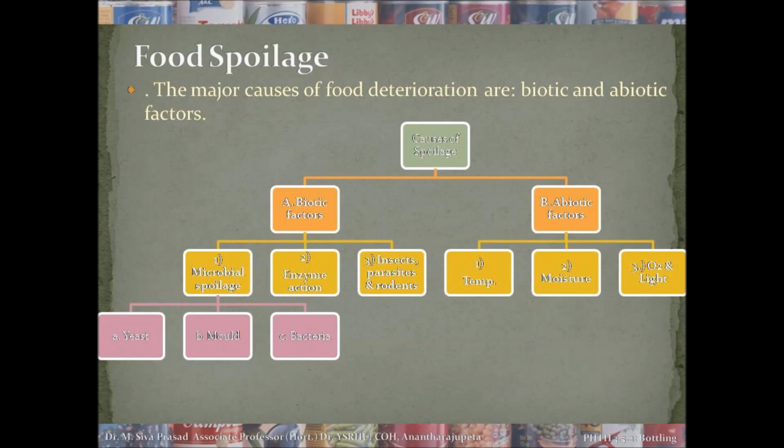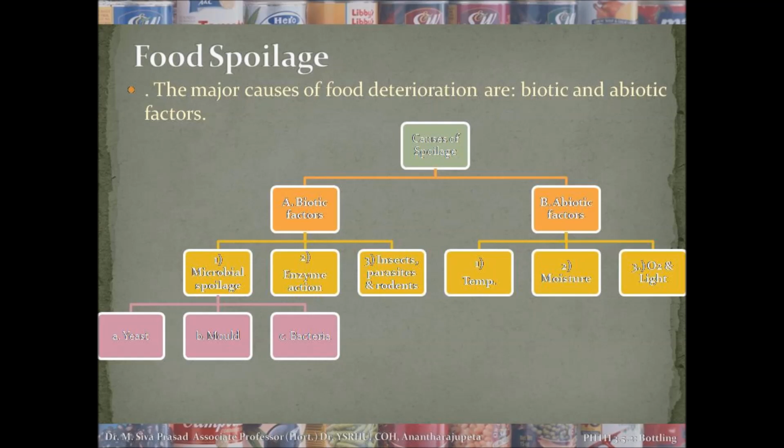If you keenly look into that, do you remember any of the principles of preservation? Yes. The three principles of preservation are reflected in these biotic factors: prevention of food spoilage by preventing microbes, by preventing self decomposition, and by preventing the action of insects, pests, and rodents, isn't it?